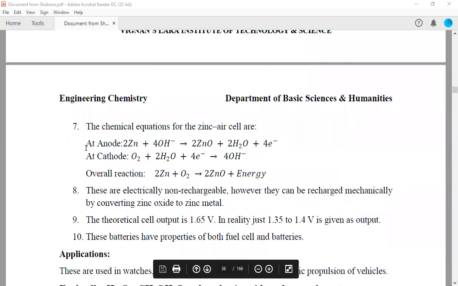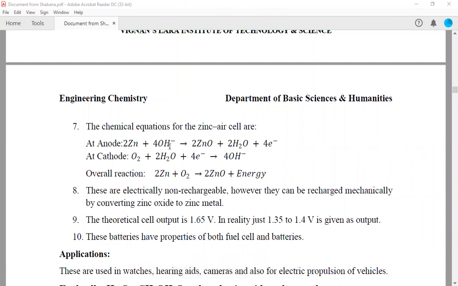So in this reaction, the zinc is made to react with the OH minus ions from the KOH and forms zinc oxide along with the formation of water and the liberation of electrons.